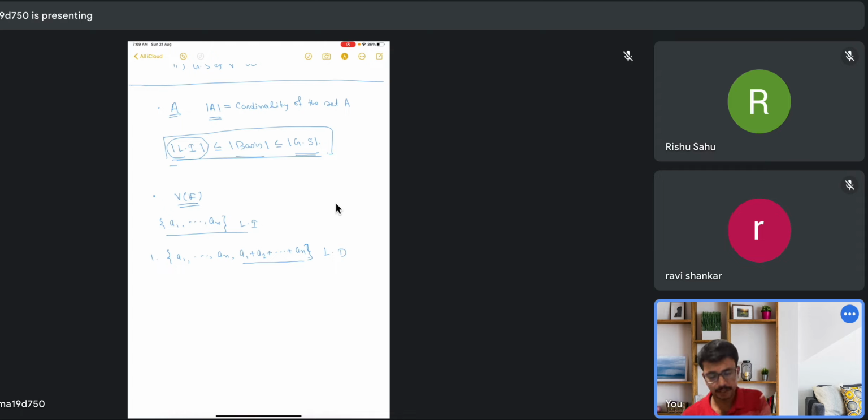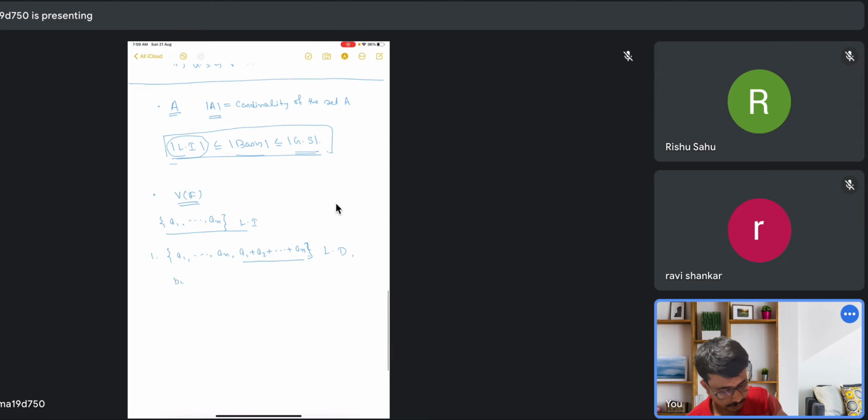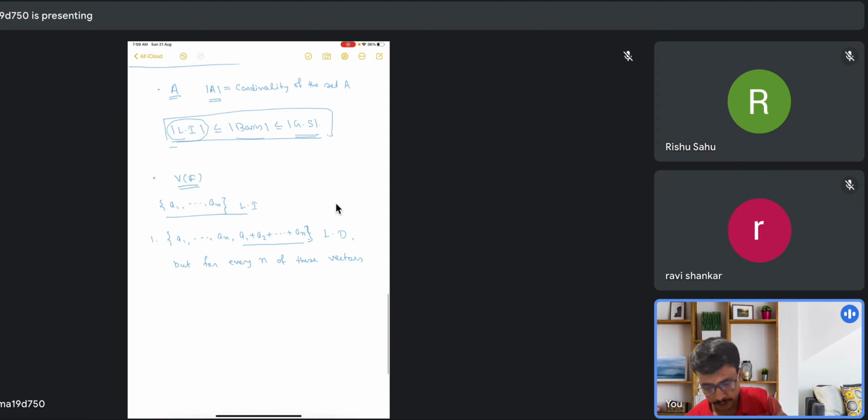But for every n of these vectors are linearly independent over the field F. So this was given, that this is a linearly independent set.